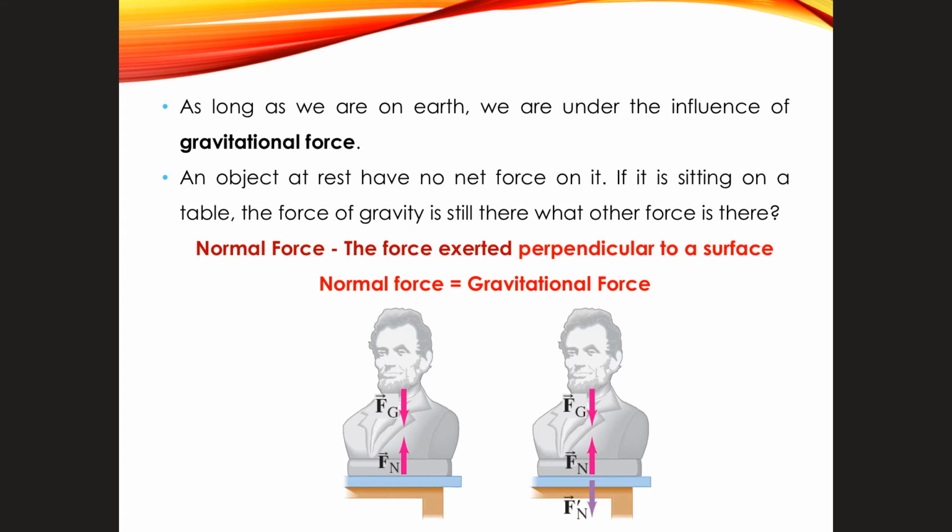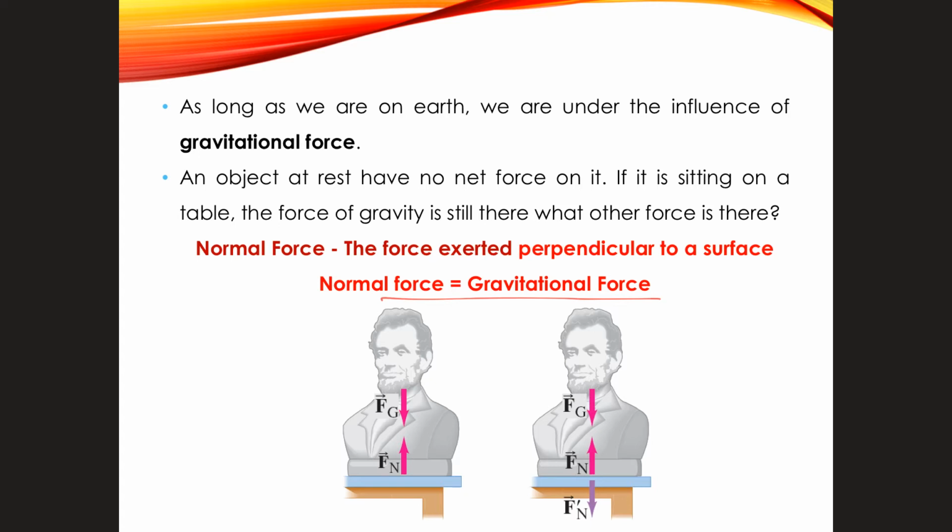So this is the one that I already mentioned before. What happens here is this statue is at rest, and you have the gravitational force and the normal force. So you can say that the normal force is equal to the gravitational force. But this doesn't apply Newton's law because it is acting on the same object, which is the statue.